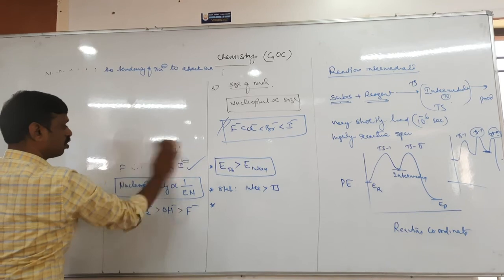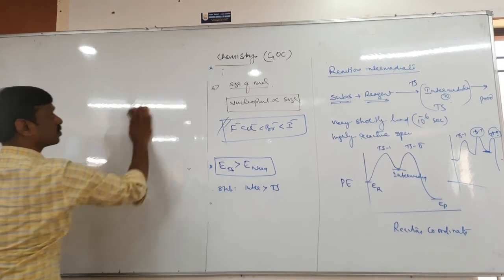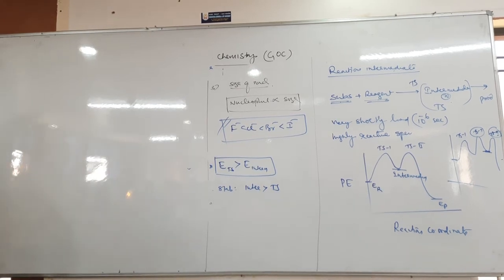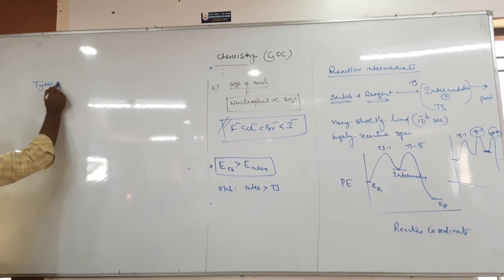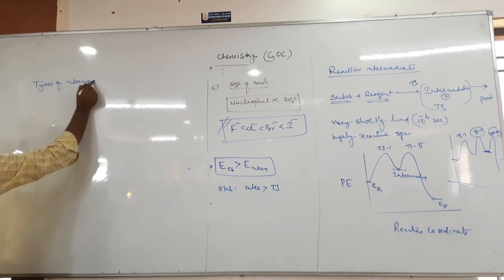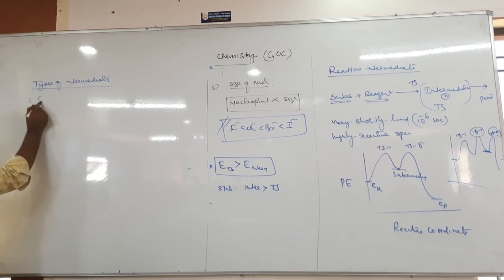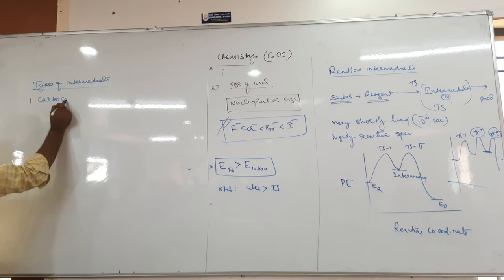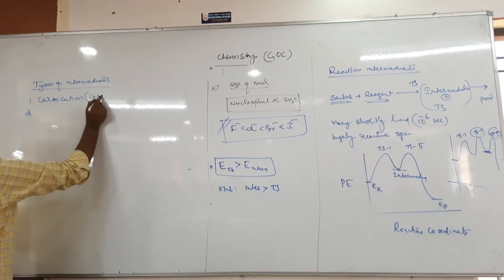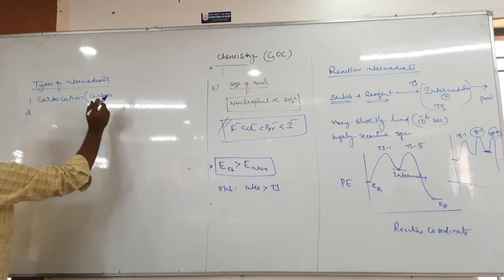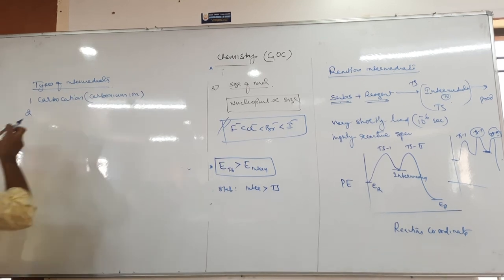Next is types of intermediates. So what are the types of intermediates? One, carbocation, which is also called carbonium ion.